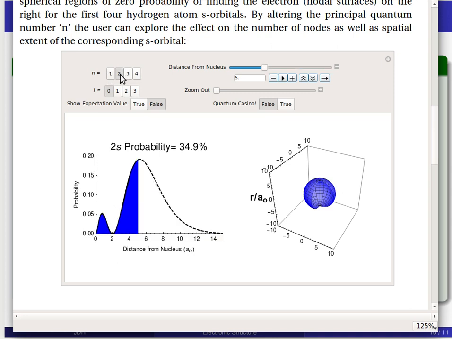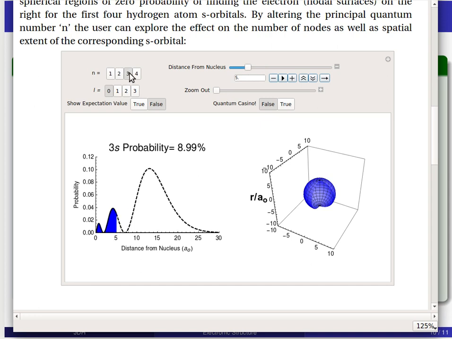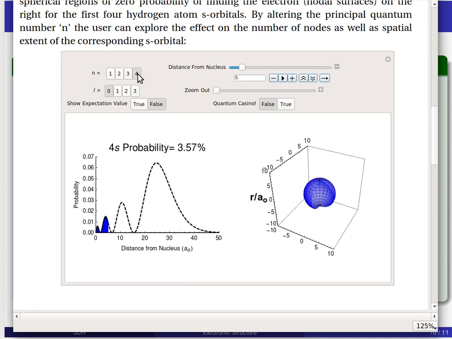But if I stay with that same 5 Bohr radii distance and I'm looking at a 2s electron, well then you're only going to find a 2s electron within that spherical shell roughly 35% of the time, right? And if you go up to n equals 3, we're only going to find it there 9% of the time, and as you might predict, it'll be even smaller probability as we go up to the 4s, okay?